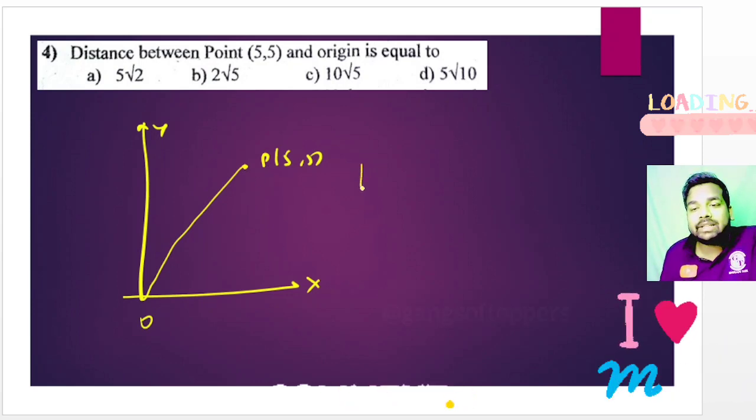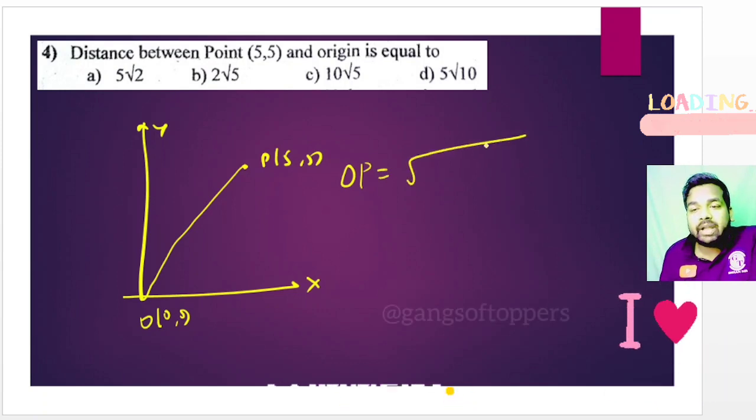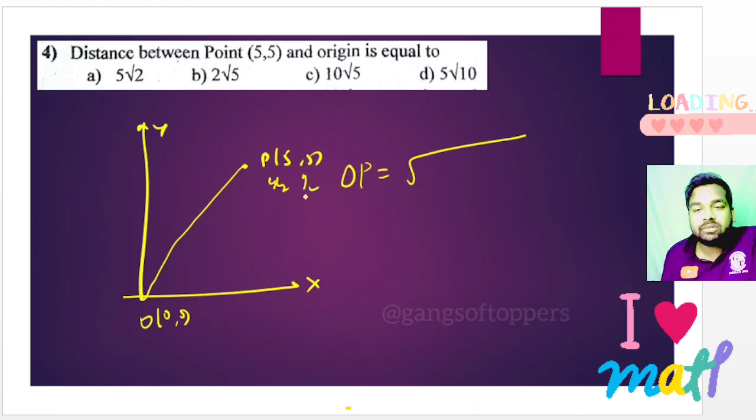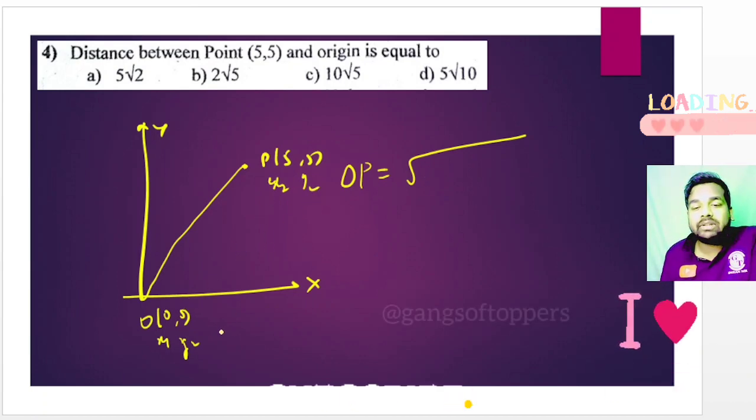So we will apply the distance formula. The origin is 0 comma 0, and the distance OP is equal to root under, where we identify this as x2, this as y2, this as x1, and this as y1. I think everybody knows the formula: root under y2 minus y1 the whole square plus x2 minus x1 the whole square gives the distance OP.